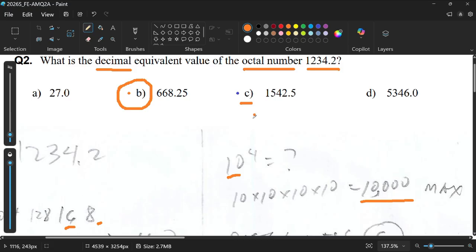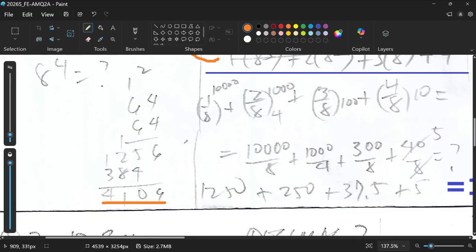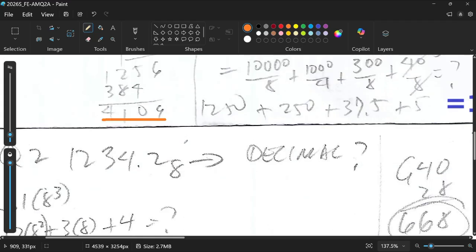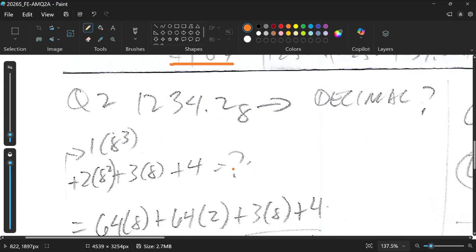Because after trying it out using another equation, and this one I was looking up and saw from Google's AI overview that the way to compute for the decimal from octal is actually pretty much what I was doing already at the start.